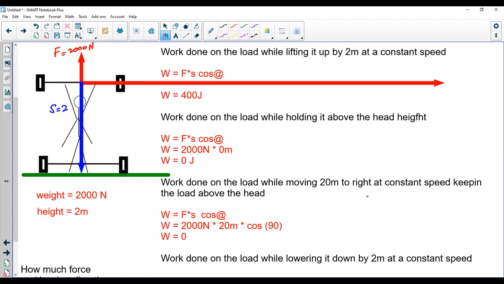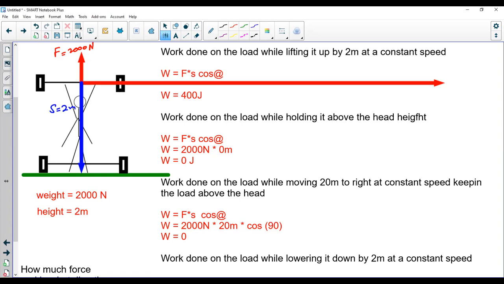What's the angle in between these two things? What's the angle? Aisel and Fatma?